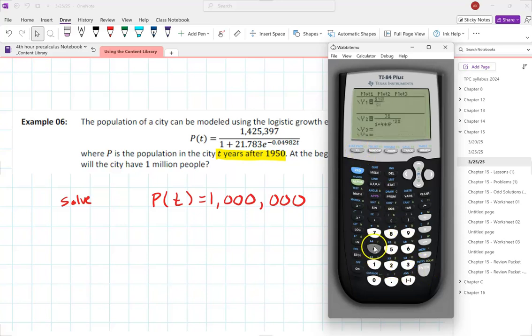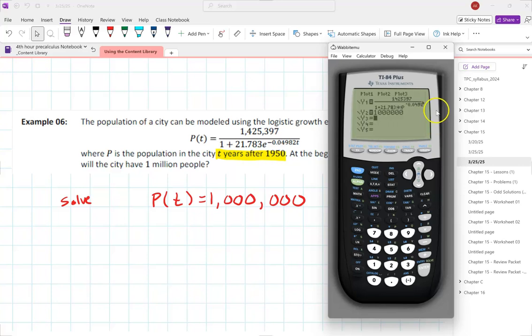So I'm just going to start on that. 525,397 over 1 plus 21.783 times e to the negative 0.04982t, and then 1 million. Everybody okay with how I've gotten this into the calculator so far?